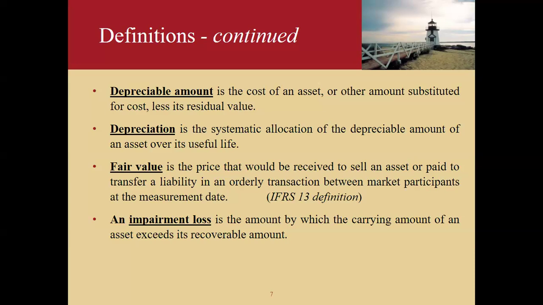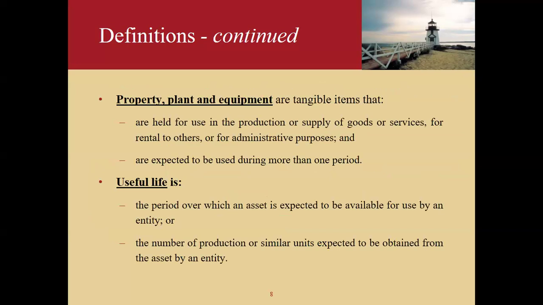For example, if in my books, my carrying amount is 10,000, and when I go to the market, the recoverable amount is 5,000. So the difference between 10,000 and 5,000 is the impairment loss. That the impairment loss is the 5,000. And we shall see how we treat it in our books.